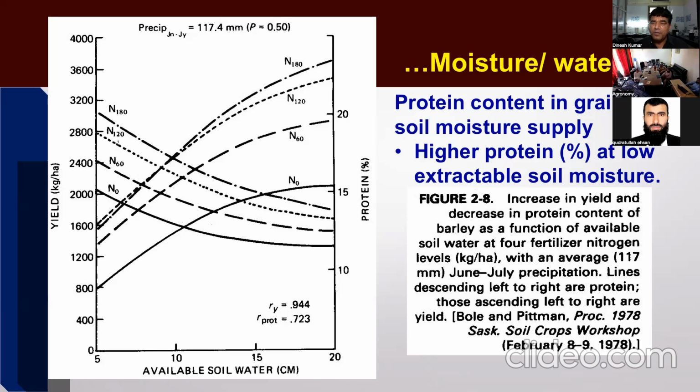But if you increase the water supply, the protein content decreases. It means the protein content of barley grain will be more if the water supply is less. If you want quality barley, with more protein, apply less water. So this is the meaning of this picture. Try to understand this picture.